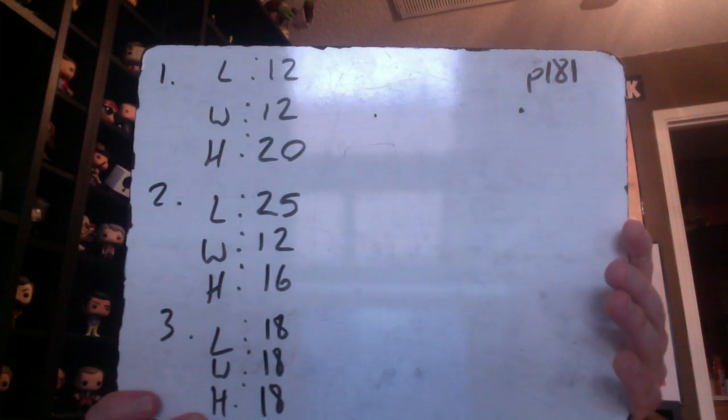Let's go ahead and answer those. Starting with the length, we have 12, then a width of 12, and a height of 20. Next one we have 25, 12, 16, and then the next one is a cube, so it's 18 for each one. That's page 181. That one went pretty quick.